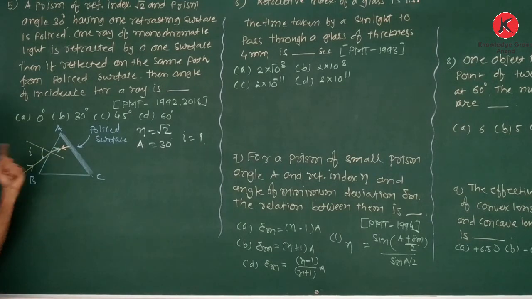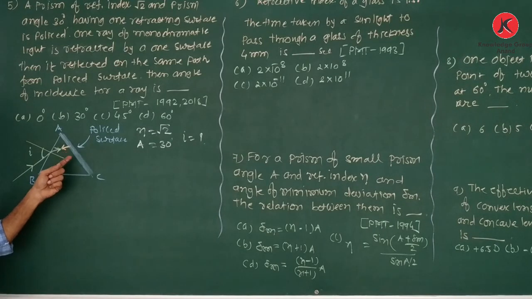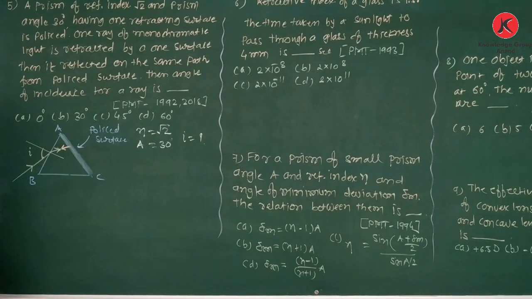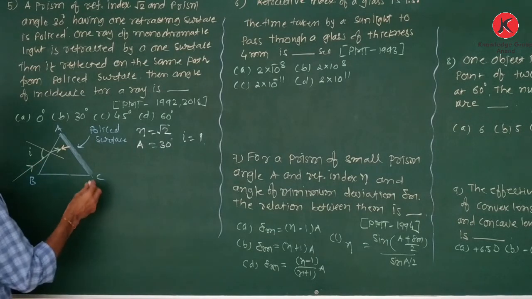Then what is the angle of incidence? Earlier we discussed the same numerical, our second numerical. Here the polished surface is not given. Here the ray is incident perpendicularly on the other surface. Here the same equation we are using, right? Okay.